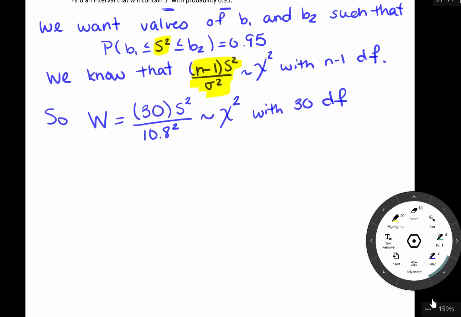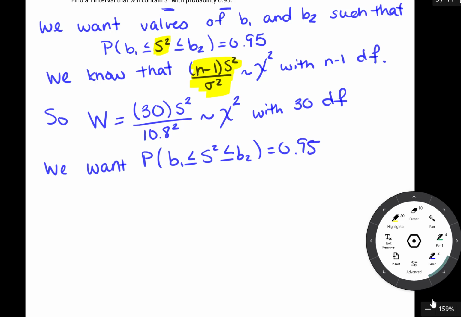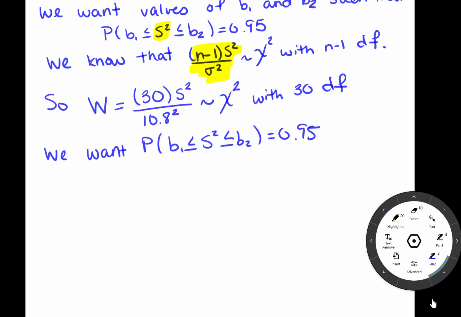So keeping in mind, again, what we want, we can multiply through by that 30 divided by 10.8 squared.